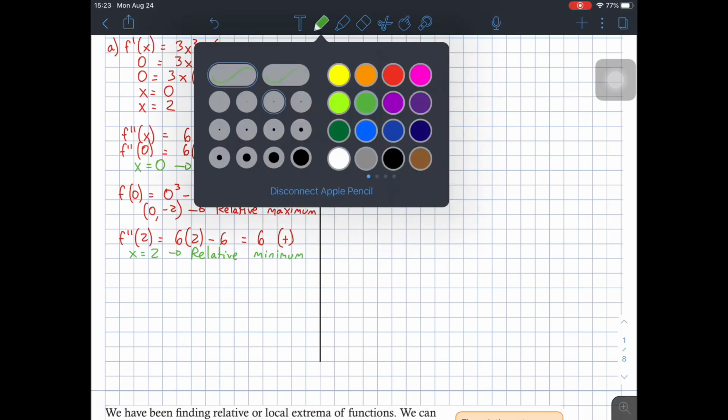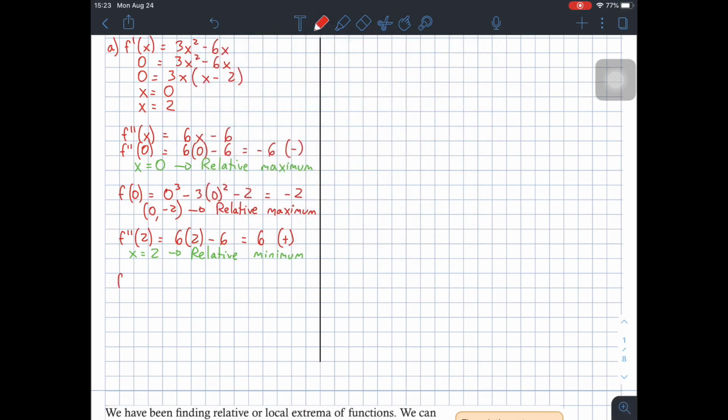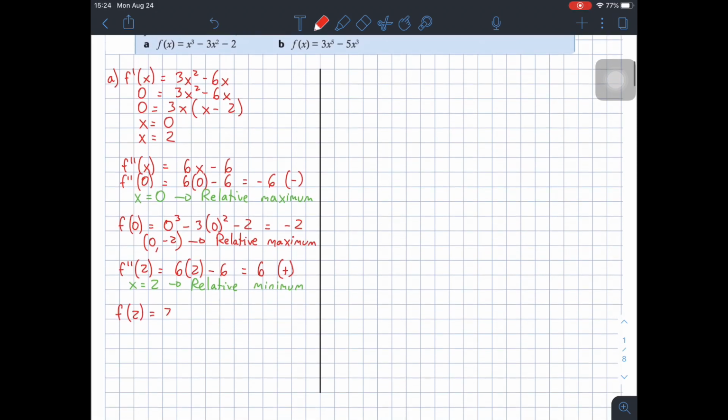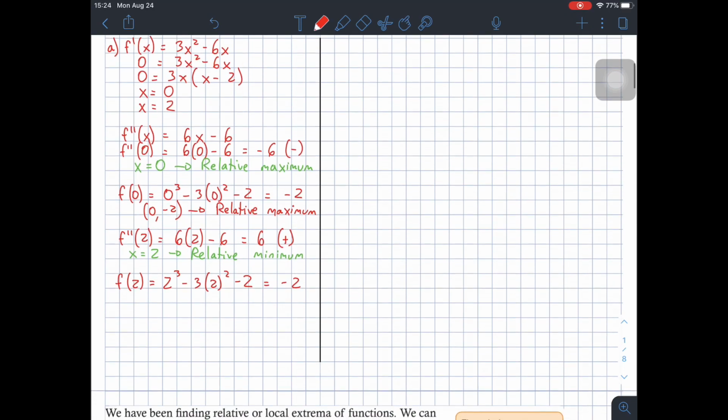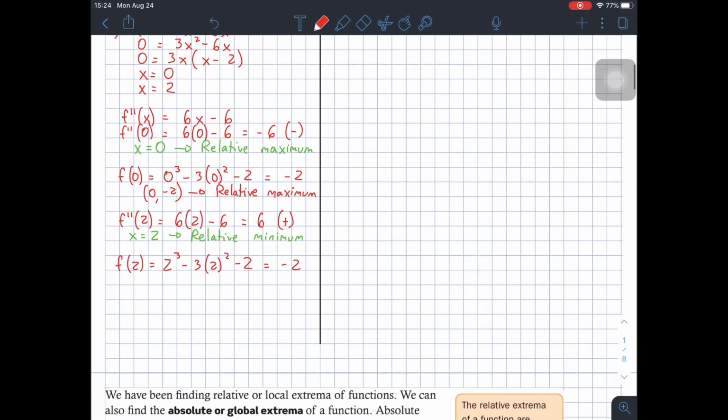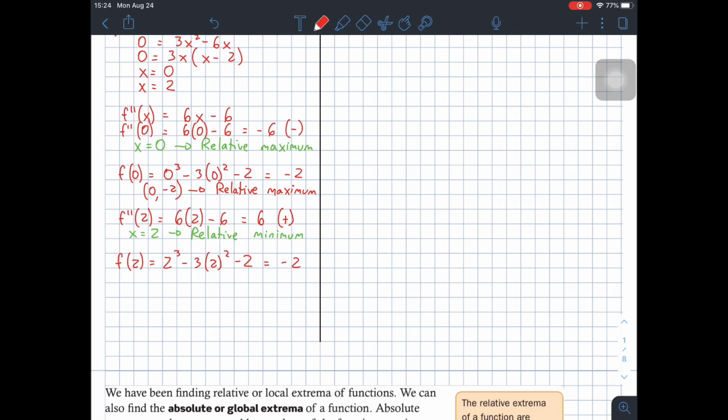And we need to find the exact point, so we're going to evaluate the function at x equals 2. This would be 2 cubed minus 3 times 2 squared minus 2. Negative 2, yes. 8 minus 12. Sorry, is it negative 2? No, it's not negative 2. It's negative 6.